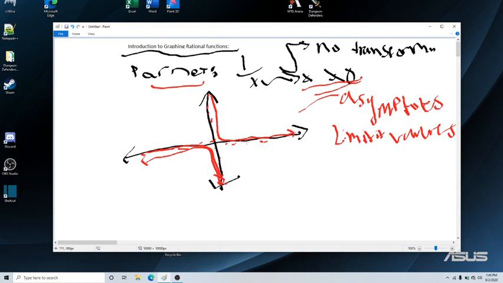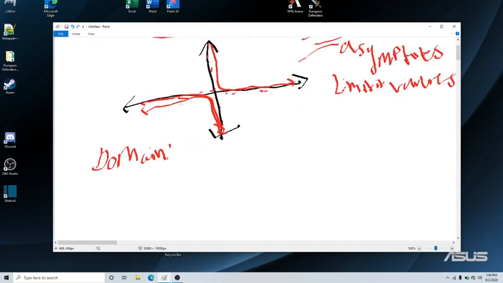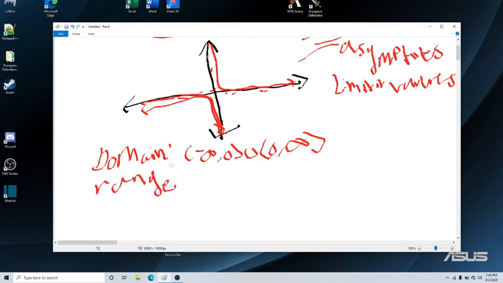And so we say the domain of the function, in this case, for the parent function, is negative infinity to 0, union 0 to infinity.